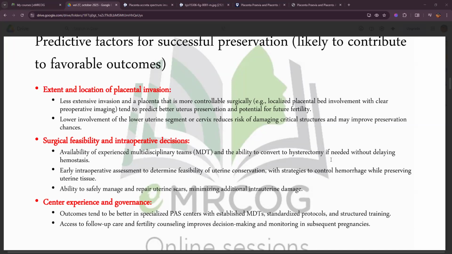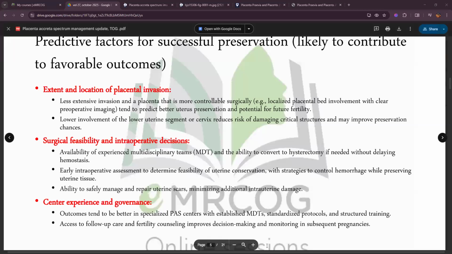We are talking about a facility with intraoperative cell salvage, for example, and experienced surgeons in urology, gynecologists, and obstetricians with a specific interest in placenta accreta spectrum. So if you want conservative surgery, we can find you that experienced team.